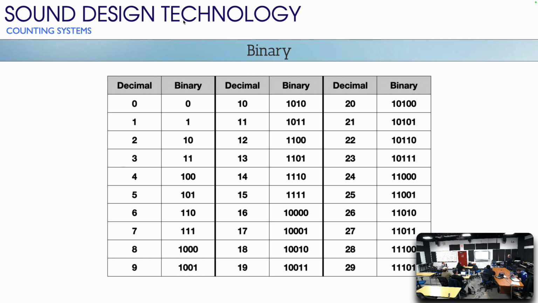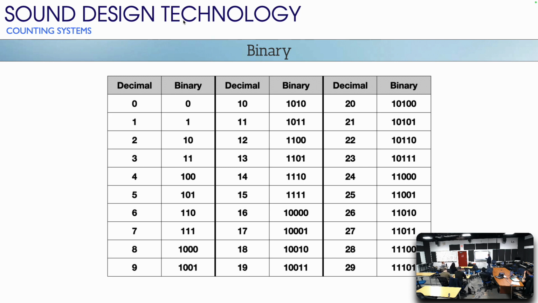So, 0, 0, 1, 1. The first place is 1s, but the second place is a 2. And then at 4, it goes to 4 on the end. So it's 0, 2, 4, and then it goes to 8, and then 16, and then 32. So 4 is one set of 4s, no 2s, and no 1s. 5 is one set of 4s, no 2s, and one set of 1s.